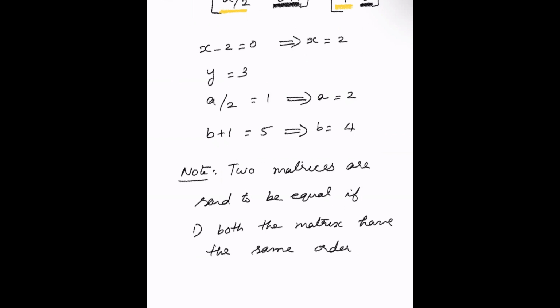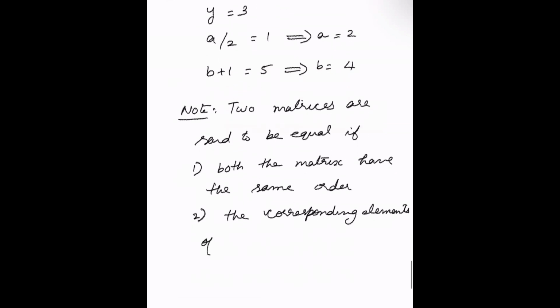Second point is the corresponding elements of both the matrices are equal. Only then you can say they are equal. Two conditions: first one is order should be same. Second one is corresponding elements are equal.